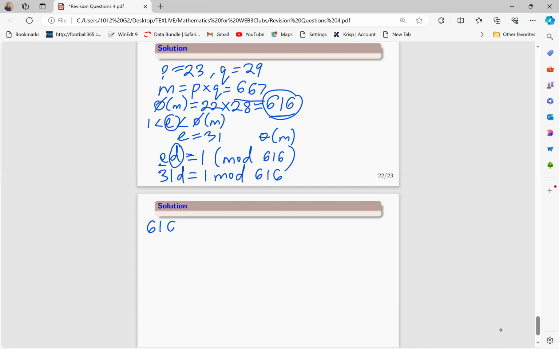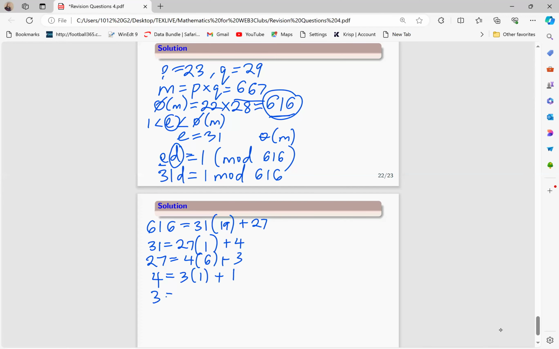So 616 is equal to 31 times 19, and then our remainder is 27. And then 31 is equal to 27 times 1 plus 4. Then 27 is equal to 4 times 6 plus 3. 4 is equal to 3 times 1 plus 1.